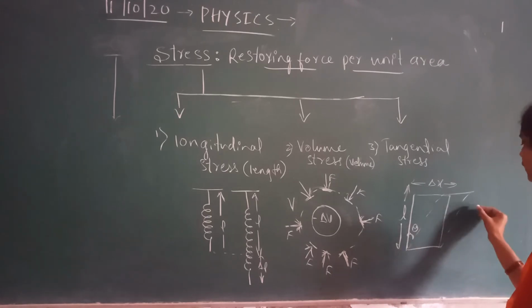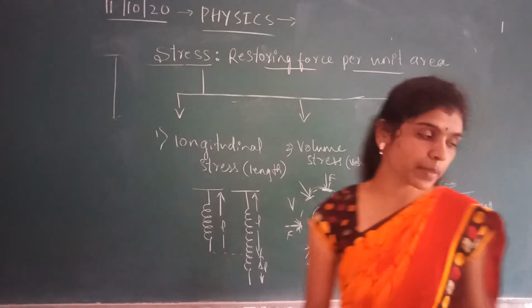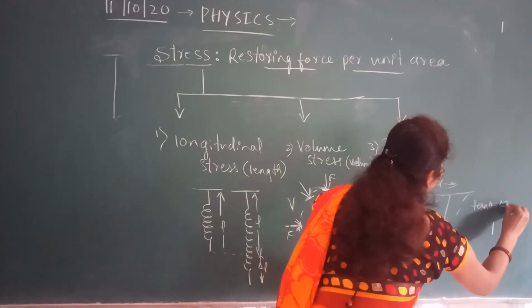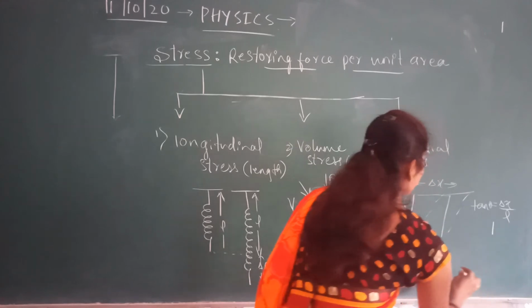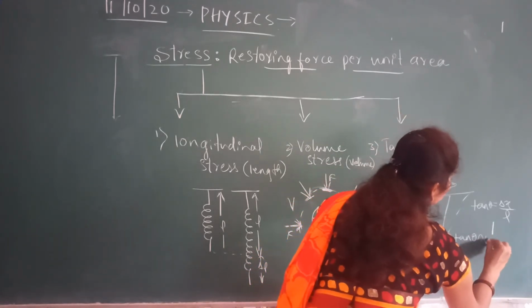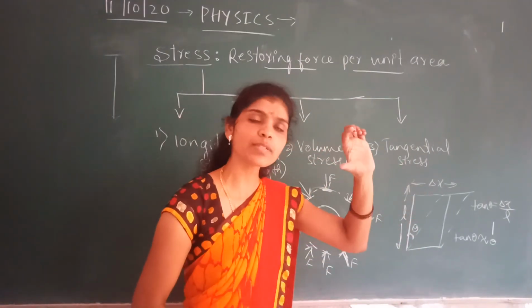Therefore, tan theta is equal to delta x divided by L, where tan theta is almost equal to theta, because the displacement of the object is very small.